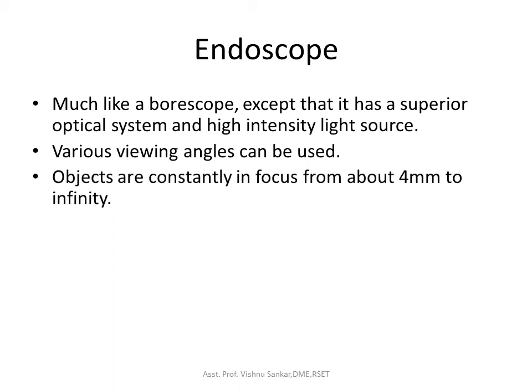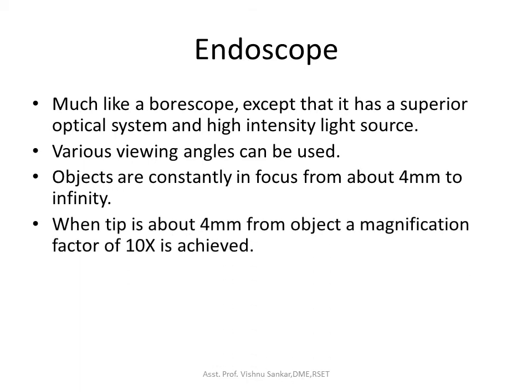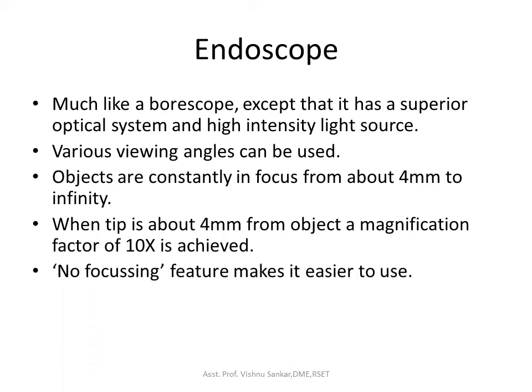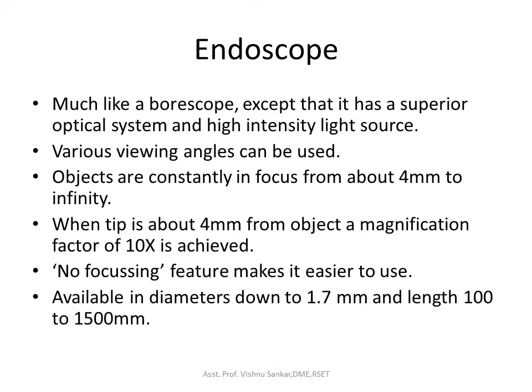Objects are constantly in focus from about 4 mm to infinity. When the tip is about 4 mm from the object, a magnification factor of 10x is achieved. No focusing feature makes it easier to use. Available in diameters down to 1.7 mm and lengths 100 to 1500 mm.